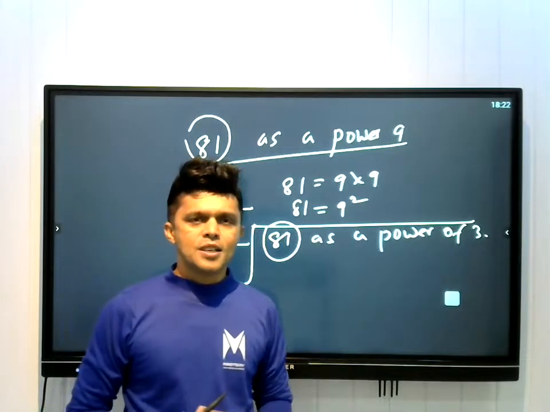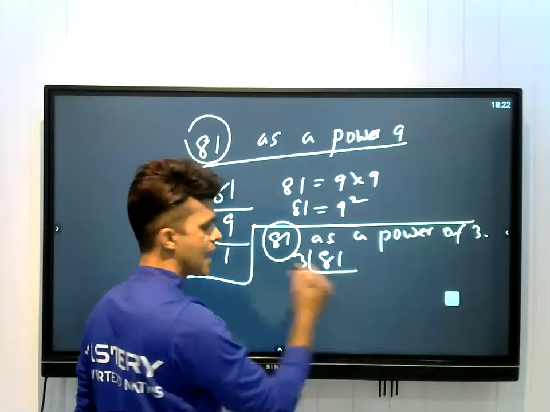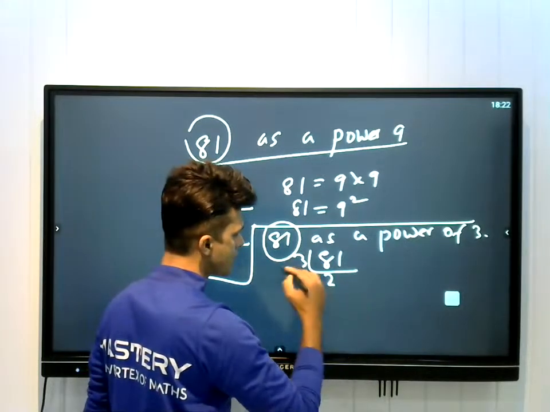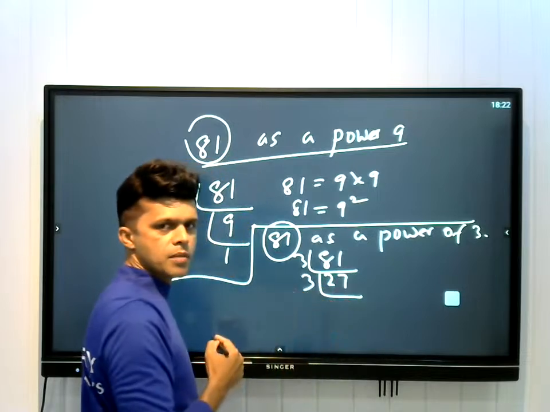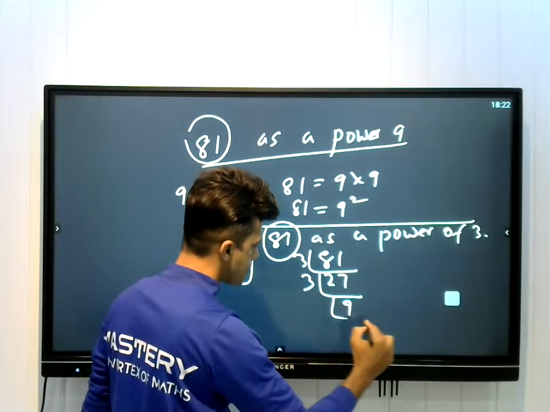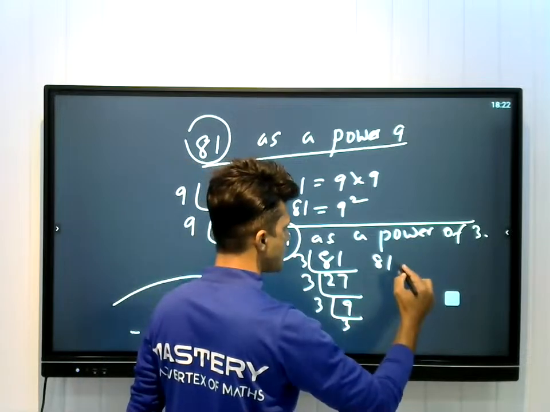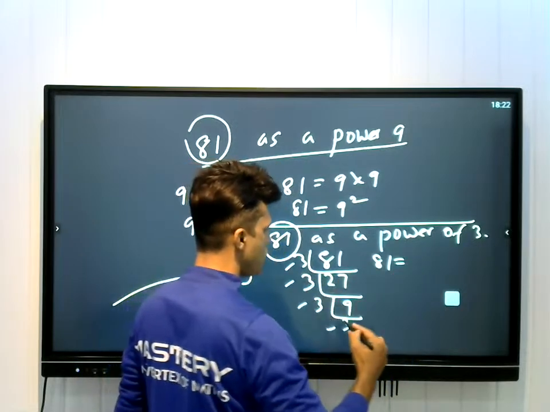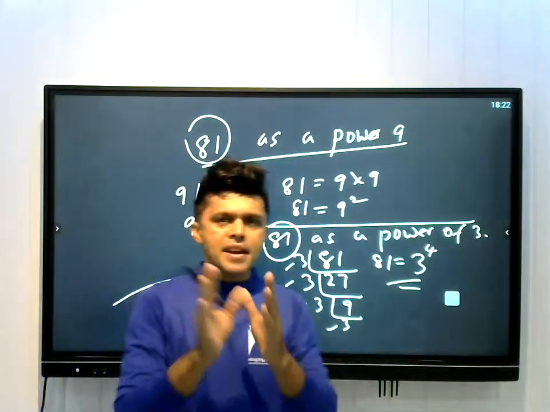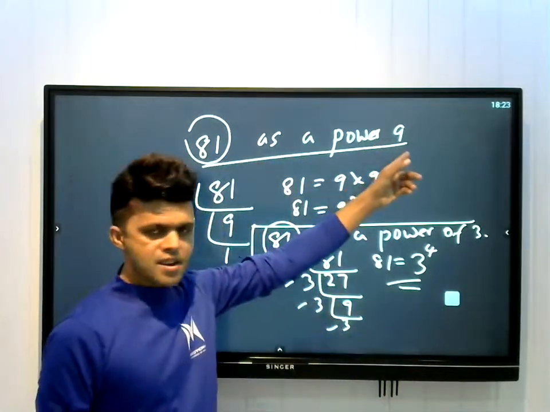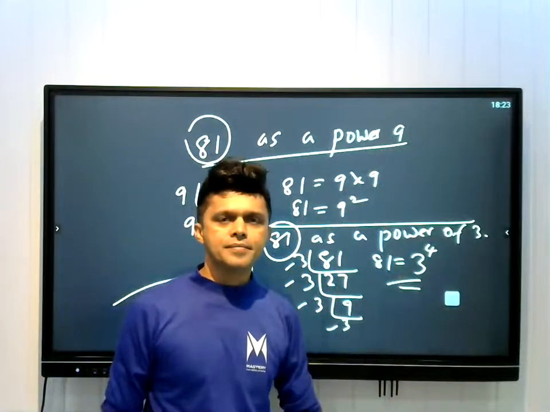How can we write this? 81 is divided by 3. 81 upon 3 is 27. 27 upon 3 is 9, and 9 upon 3 is 3. So 81 equals 3 to the power 4. So 81 can be written as a power of 9, and as a power of 3 as well.